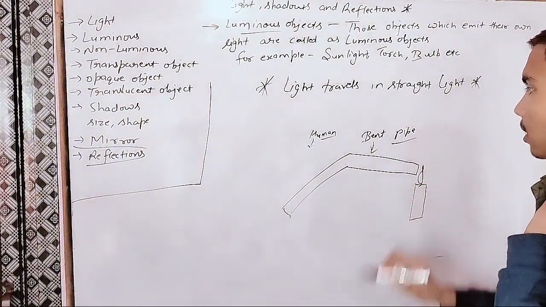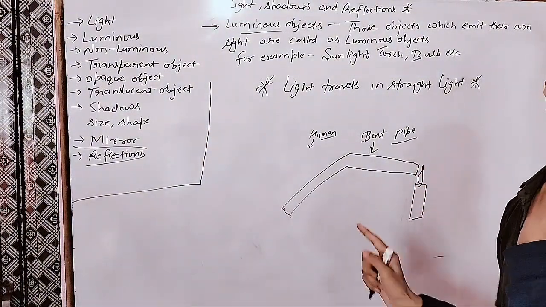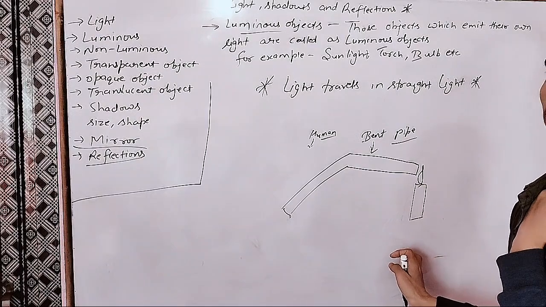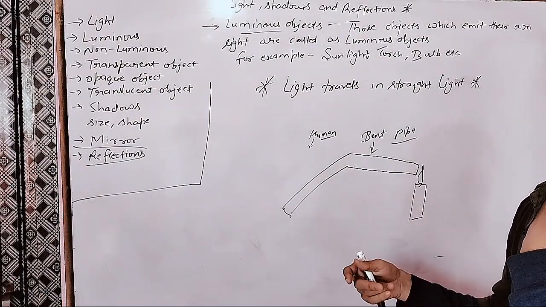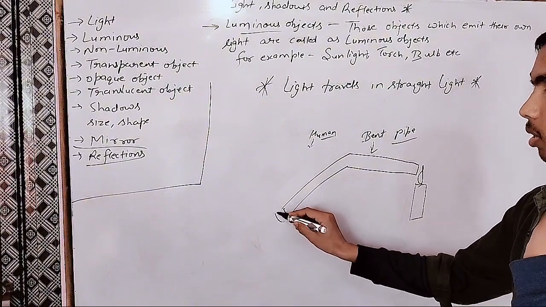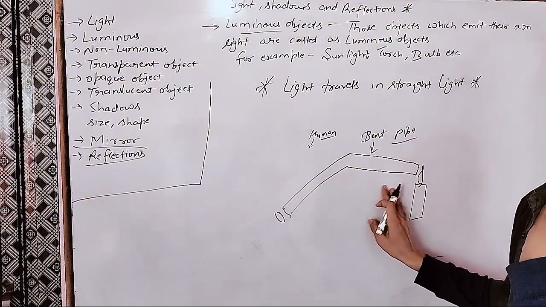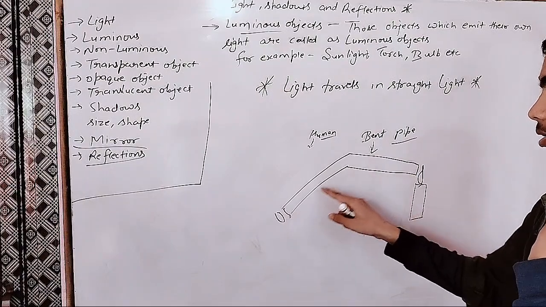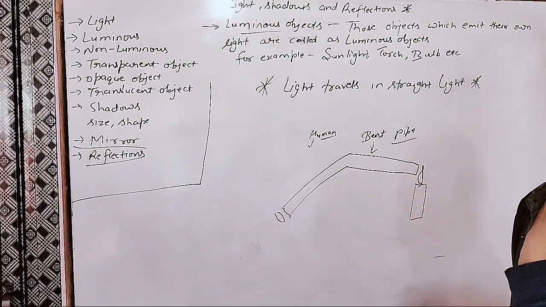Now you can say easily that we are not able to see the flame candle. Whether light is passing or not, light is passing through this bent pipe. Light is passing inside this bent pipe.